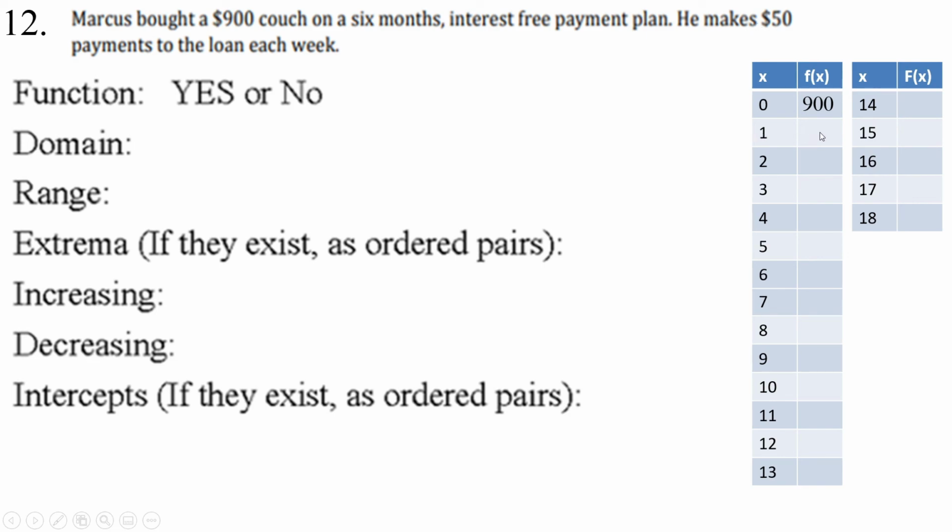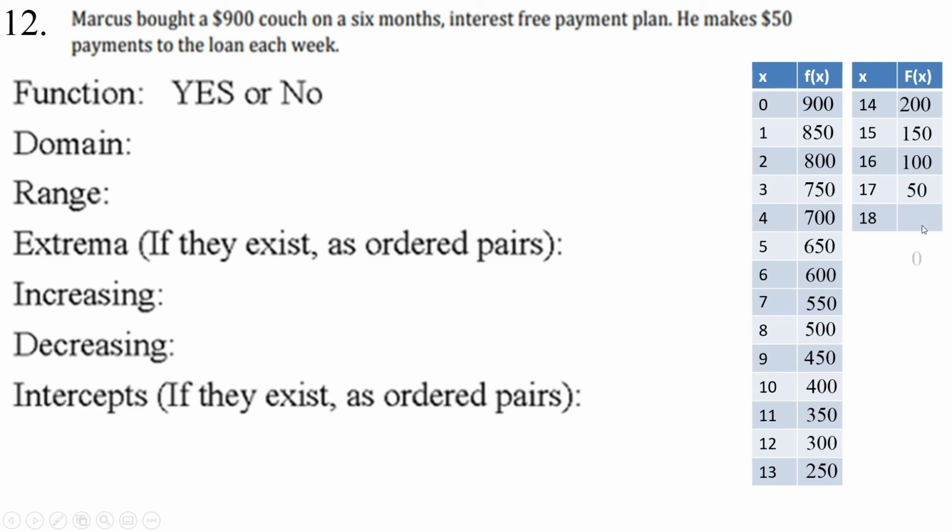So in 1 week, he will only owe $850. 2 weeks, $800, and this pattern just continues. $750, $700, $650, $600, $550, $500, $450, $400, $350, $300, $250, $200, $150, $100, $50, and then $0.